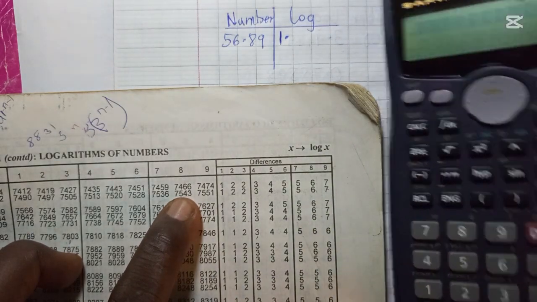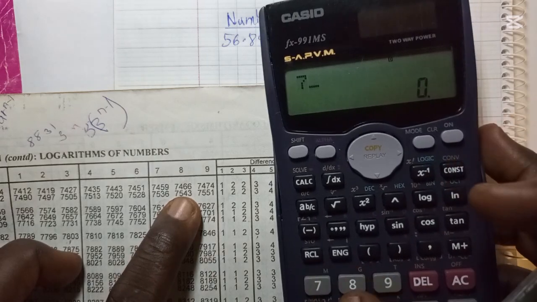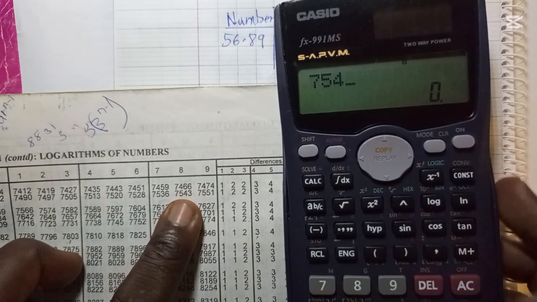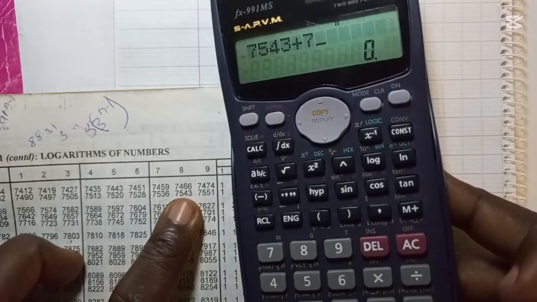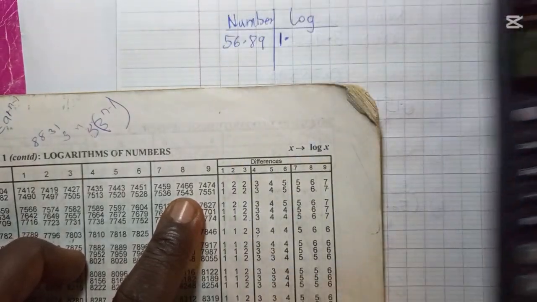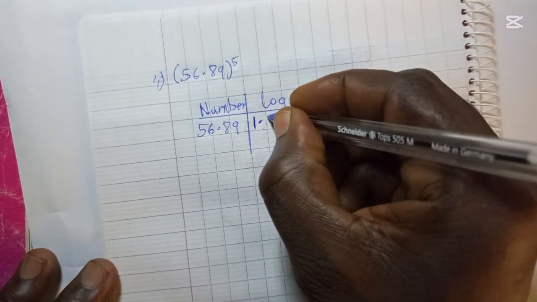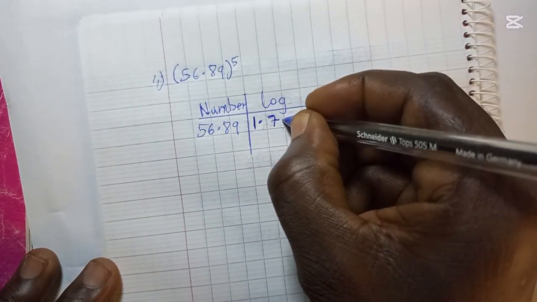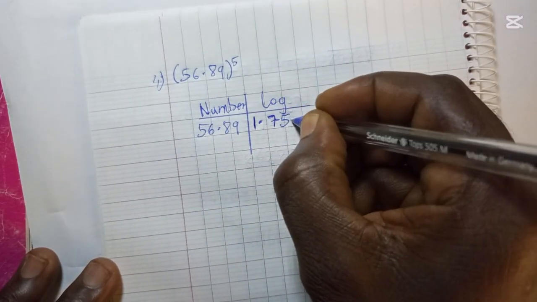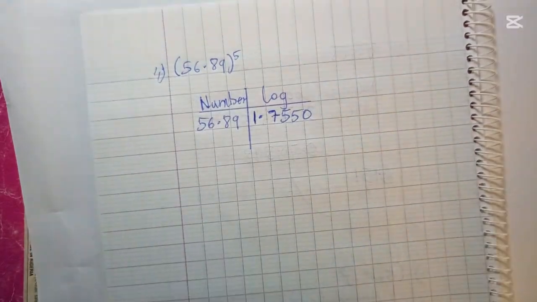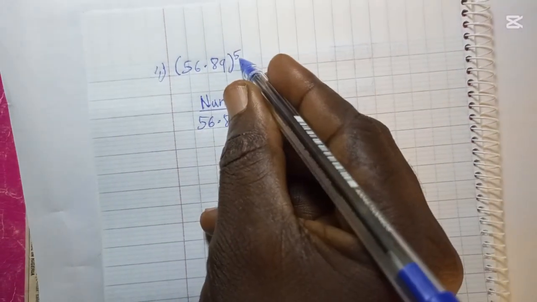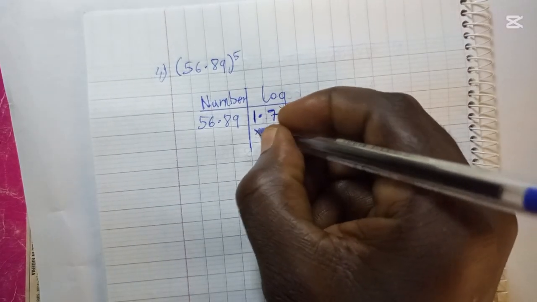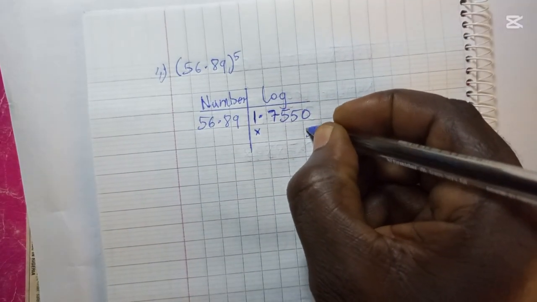Using our calculator, 7543 plus 7 will give us 7550. Now it is raised to the power of 5, so we are going to multiply by 5.